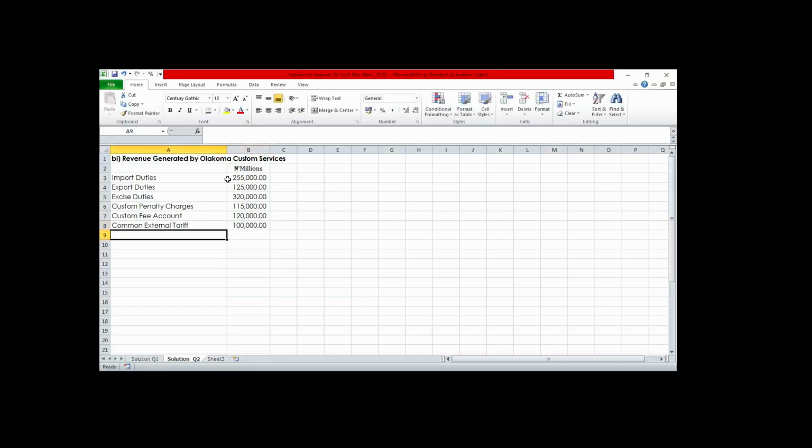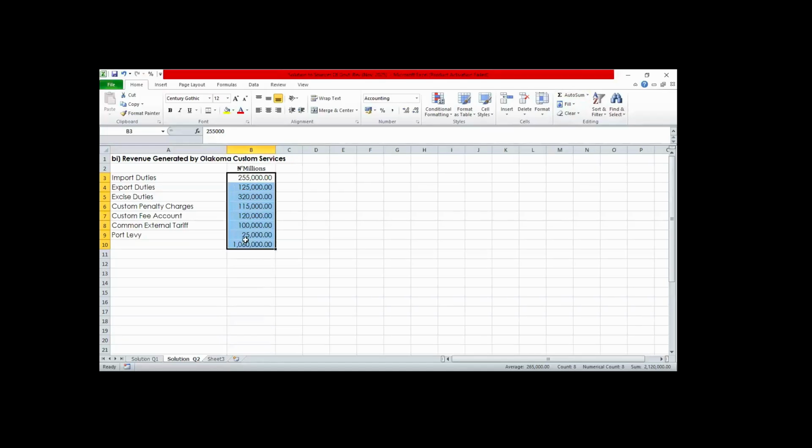What else again? Then there's this 7% port levy. How much is that? 25,000. What else again? That's all. What's now the total of what we have? 1,060,000,000.